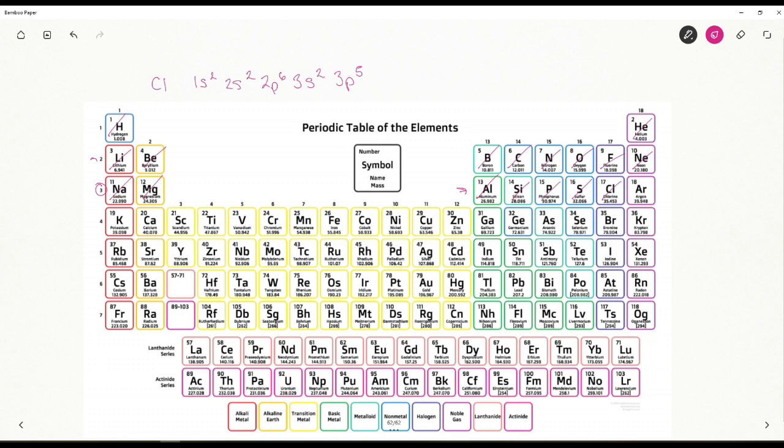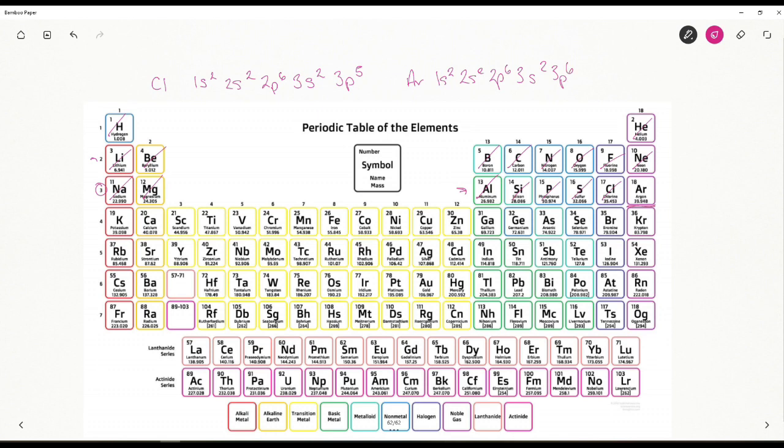Now, to do the noble gas shortcut, it is very, very tempting to use argon. But the problem with argon is you cannot find the complete electron configuration for argon embedded in chlorine, because what is the electron configuration for argon? Argon has one more electron than chlorine. So it would be 1s2, 2s2, 2p6, 3s2, 3p6.